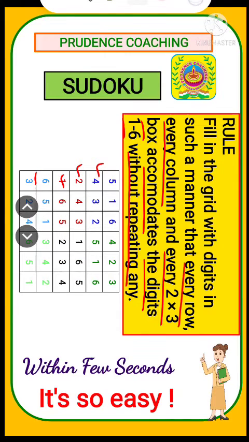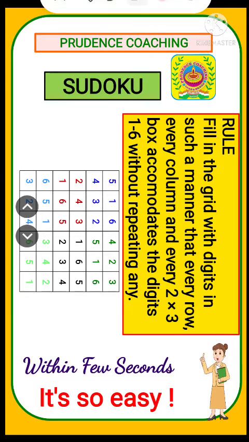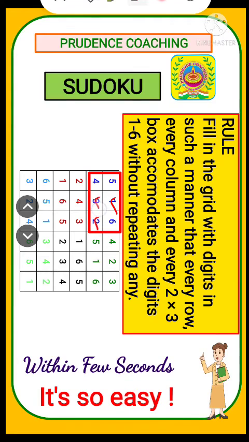Now let us see the 2 into 3 boxes. I have marked all these 2 into 3 boxes with different colors. Here, this is the first 2 into 3 box. Here you can see 1, 2, 3, 4, 5, 6, so no repetition.